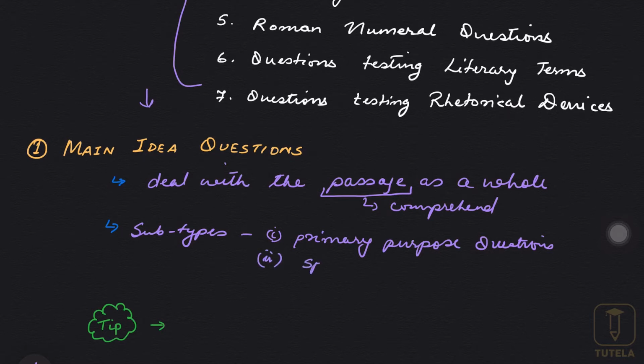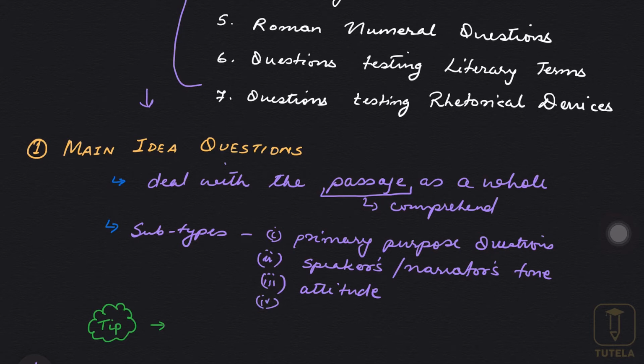Next, we have the speaker's or narrator's tone-related questions, followed by the author's attitude questions, and we have the manner of the passage's development questions or structure questions. All of these questions have a common way or common approach.